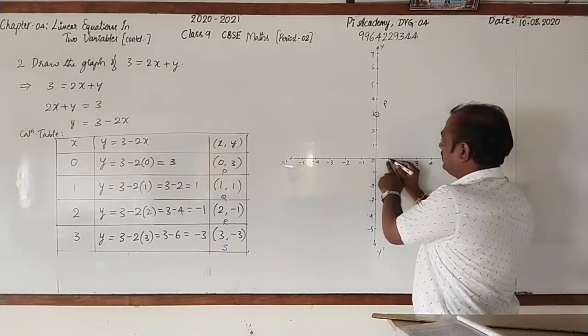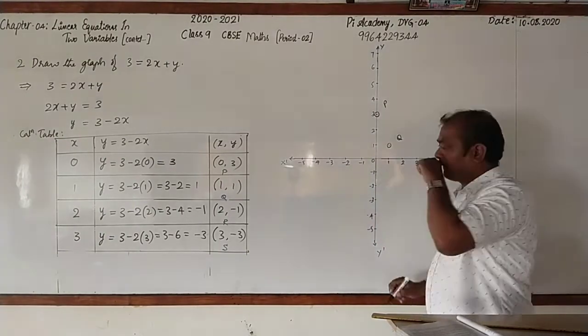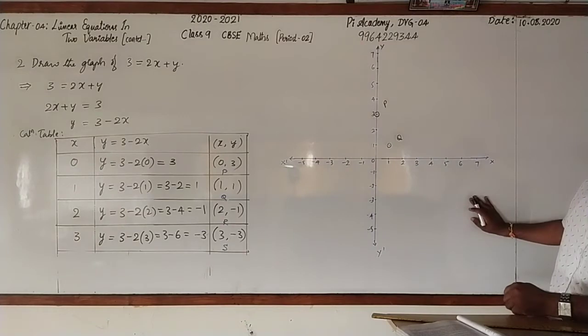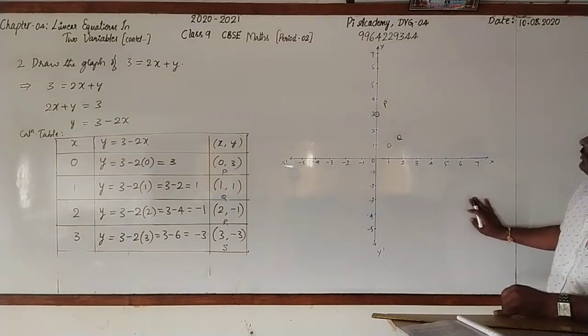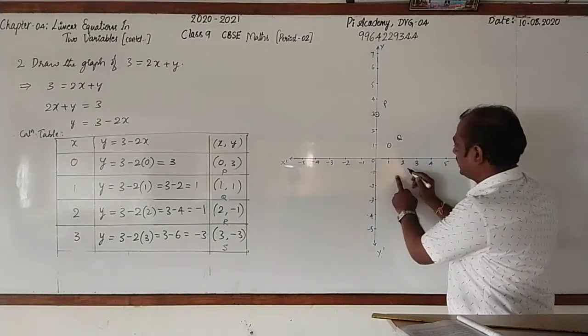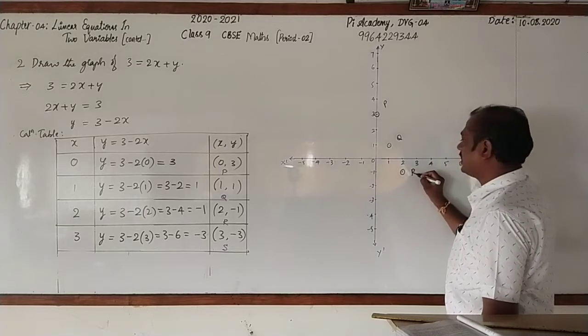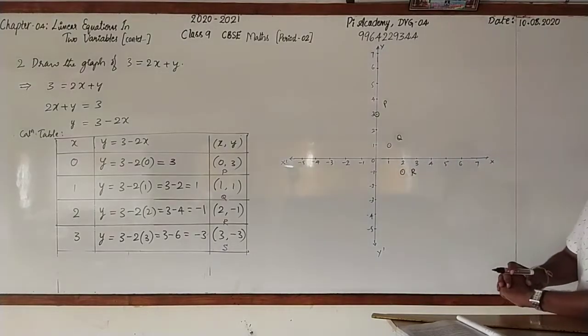When x is 1, y is 1. Here. It is Q. Over. Next. 2, minus 1. When x is 2, y is minus 1. That comes here. It is R. Have you marked?